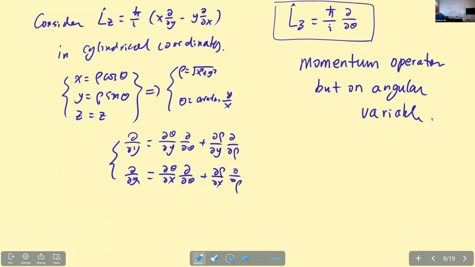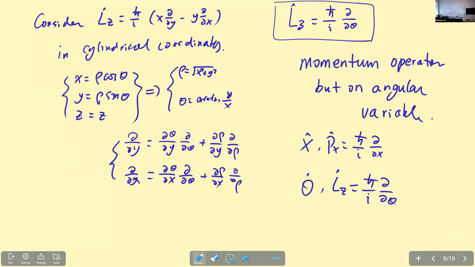If we compare, we know that Px equals h bar over i partial x. But now we have an angle variable, and Lz is nothing but h bar over i partial theta.